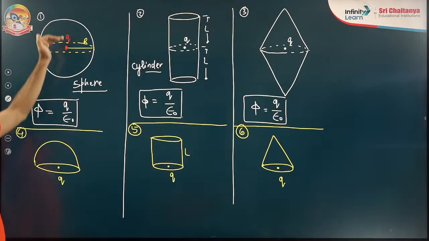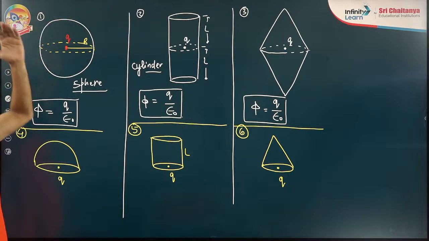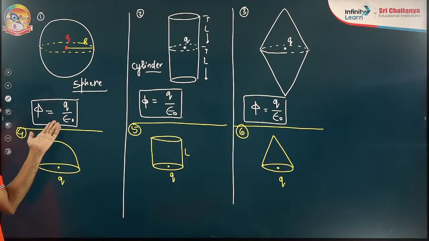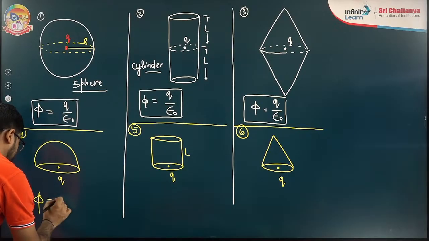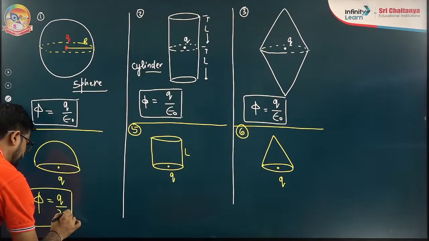Symmetrically this charge is placed. So if I ask what is the flux associated with the above, you will say, sir, half here and half there. Total becomes q by epsilon. So what is the half? Q by 2 epsilon. This is the flux here, beta.